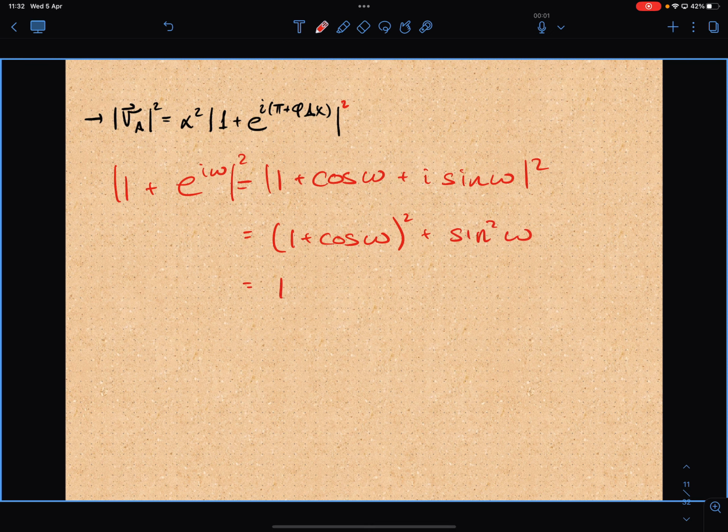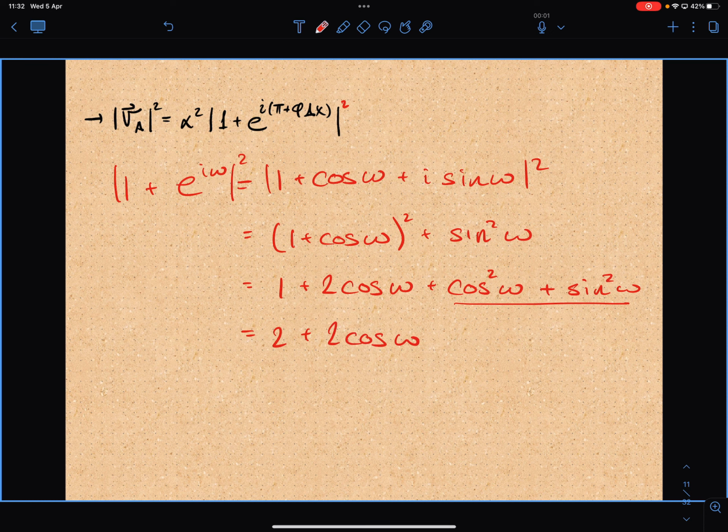This is going to be 1 plus 2 cosine omega plus cosine squared omega plus sine squared omega. And then this adds up to 1. So we have 2 plus 2 cosine omega.